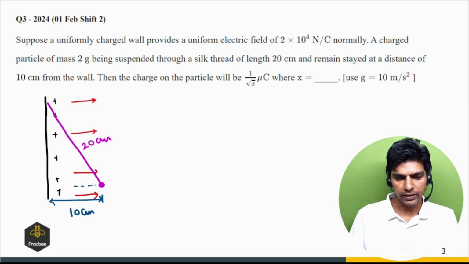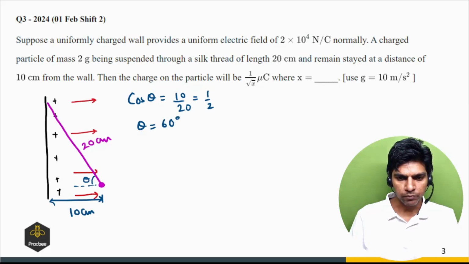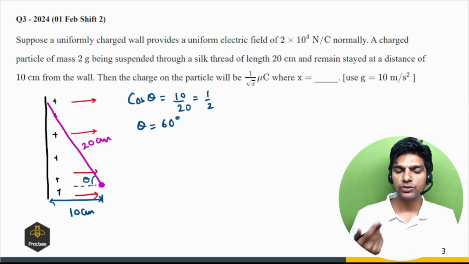So it means we have this angle theta, and in this right angle triangle cos theta can be written as base upon hypotenuse, so that will be 1 by 2, so theta comes out to be 60 degrees. We have to find the charge on the particle.